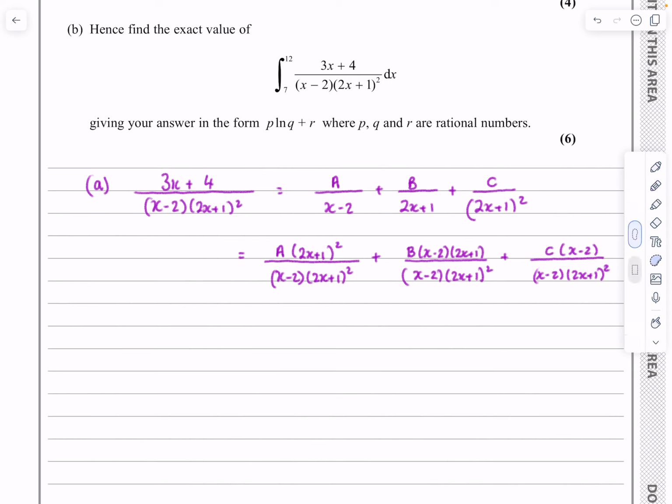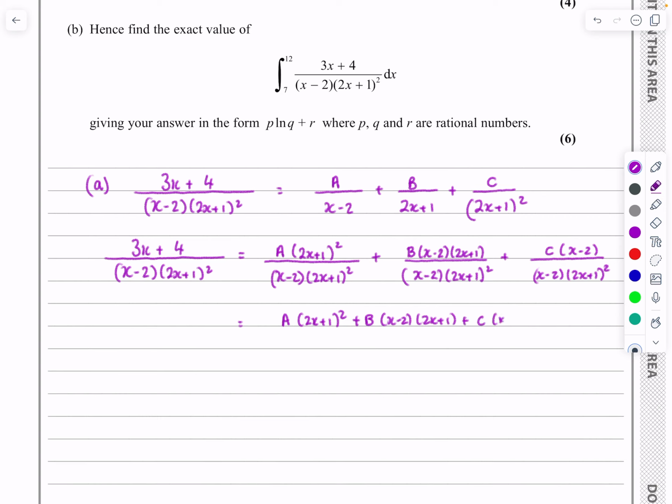So what some of you will do is you'll do that straight away and put that all as A(2x plus 1) squared plus B(x minus 2)(2x plus 1) plus C(x minus 2).